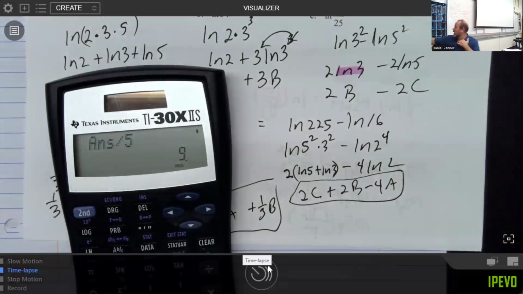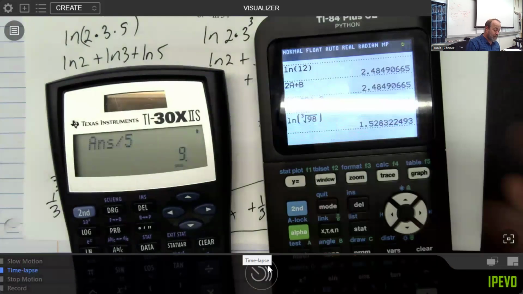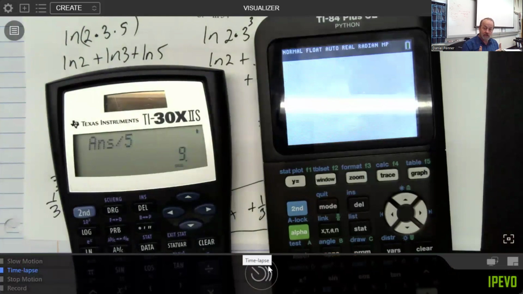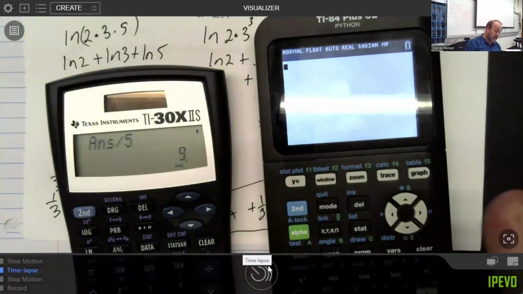Remember, I showed you in class that you can store those values in here. This one already has A, B, and C stored in it. Remember, I could go the natural log of 2, and I could hit the store button down here at the bottom.